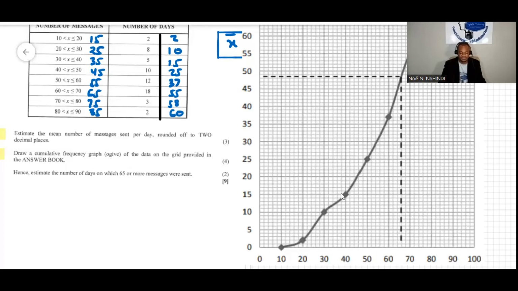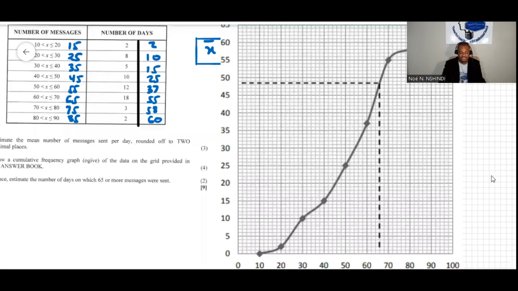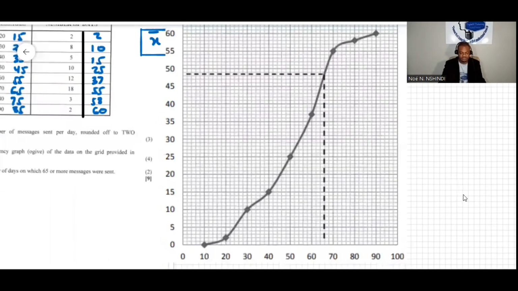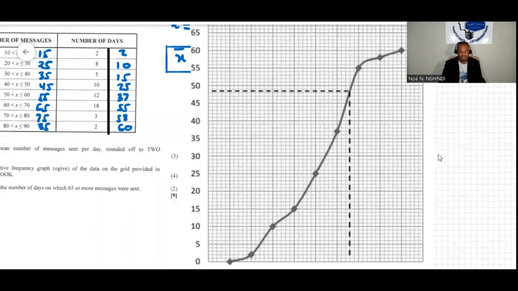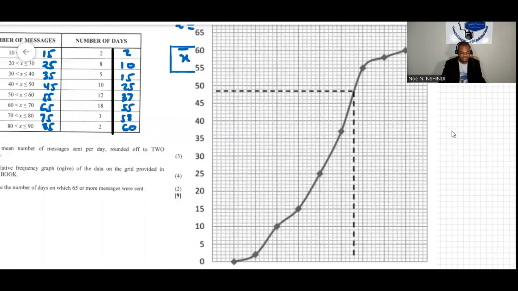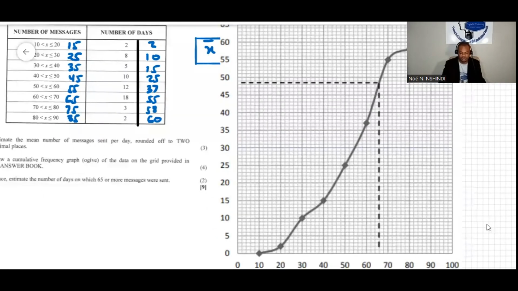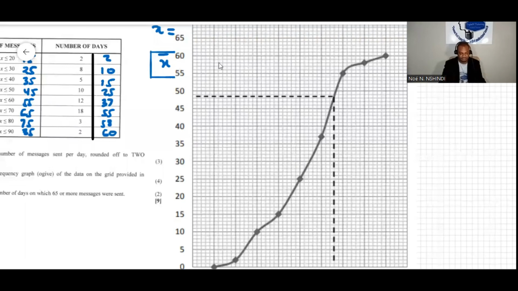And from 40 to 50, it's 25, and so on until we get to the last one, 80 to 90, which is 60. So 60 is there, and we stop there at 60.